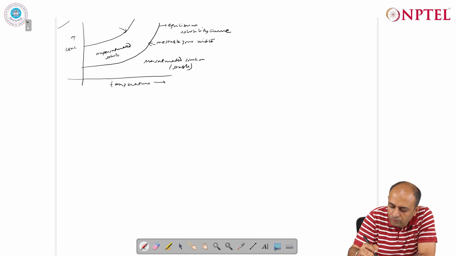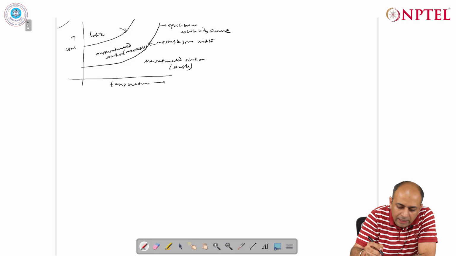Supersaturated solution is metastable. This is the labile region, which is unstable.